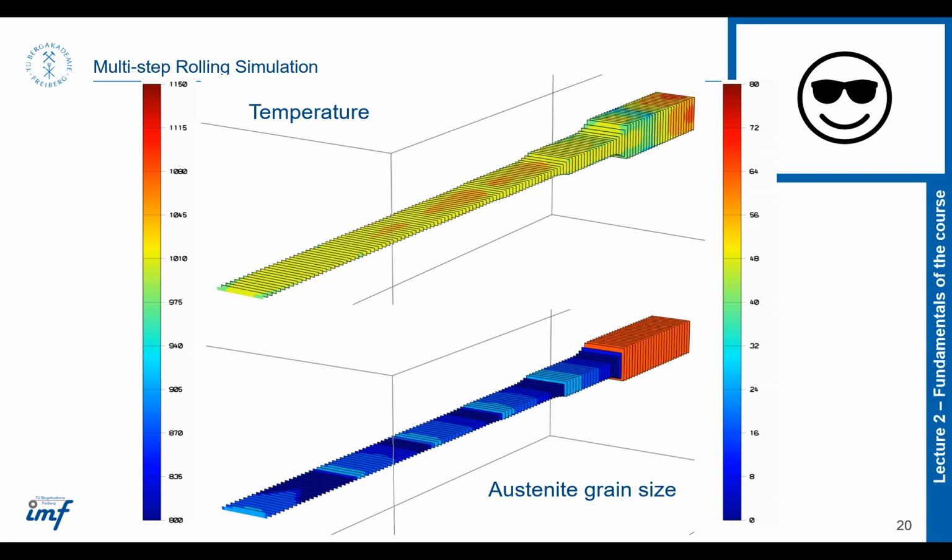This is information which is quite hard to get from experimental setups, namely the temperature condition at every point of the material. But it is quite easy to solve the numerical simulation equations for this whole process, to define the initial conditions, the final conditions, and how the process is carried out, to calculate the different temperatures in different regimes, as well as different grain sizes, depending on the model which we have defined.